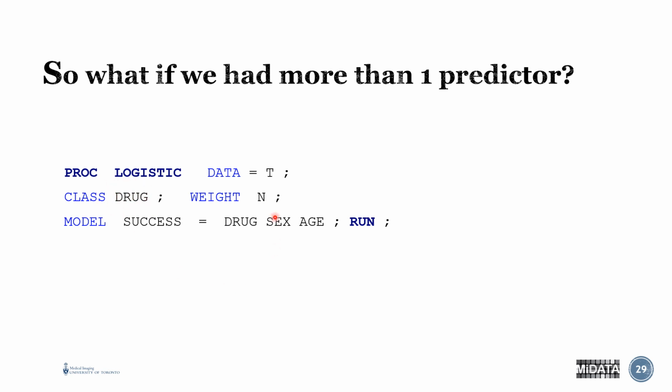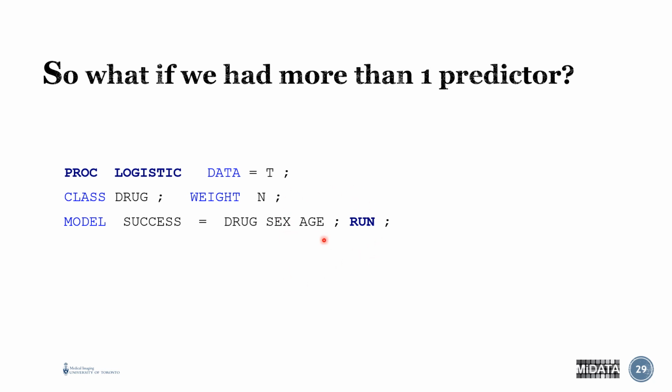So when we look at the output, we're going to have an odds ratio for drug, which we've seen before and it makes sense. But we're also going to have an odds ratio for sex, and that also makes sense because these are two categorical variables, and we've seen using our 2x2 table how we can calculate the odds ratio. But how do we deal with a continuous variable?